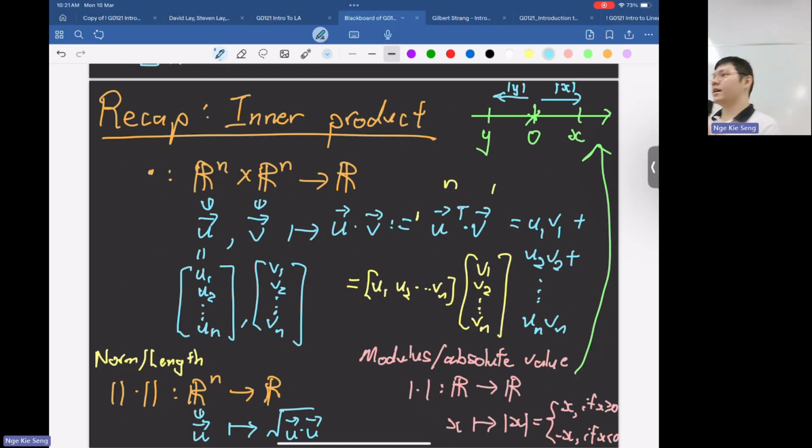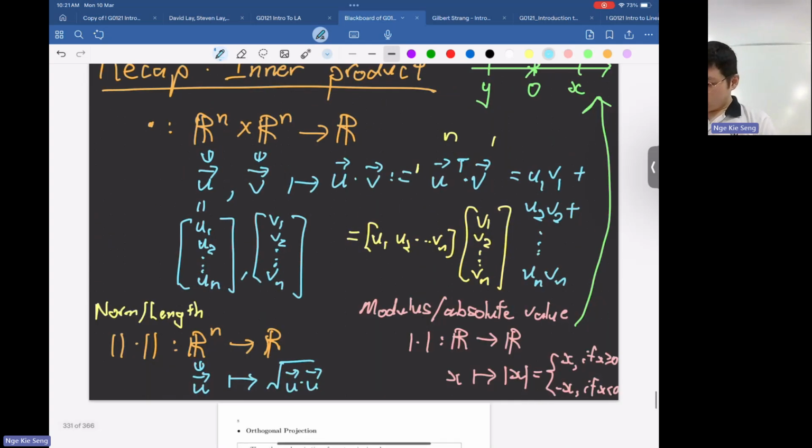So that's why a vector has an interesting property here. It doesn't only have length, it also has direction. So we can remember which direction we go with a vector.